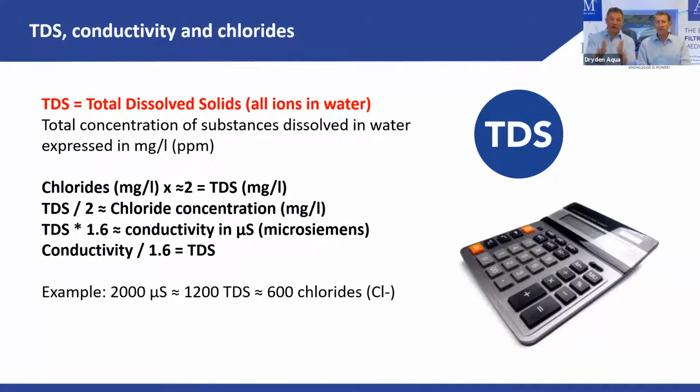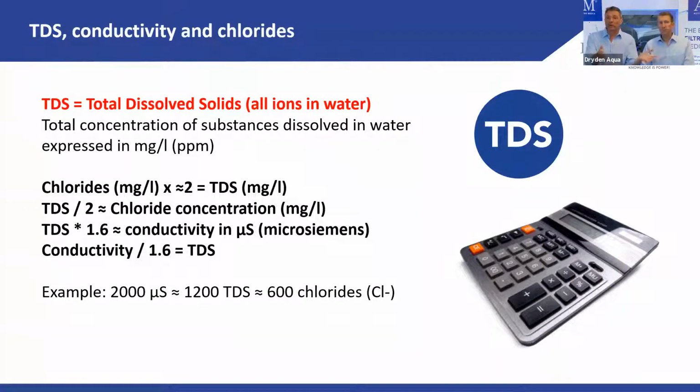To give you an example, if you have tap water, you have maybe, let's say, 200 TDS. This may be calcium ions, a little bit of magnesium ions, maybe a little bit of salt.